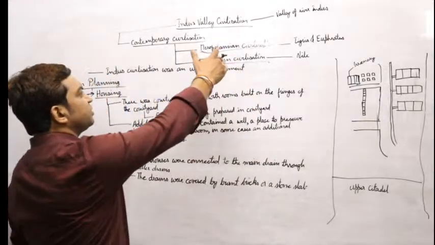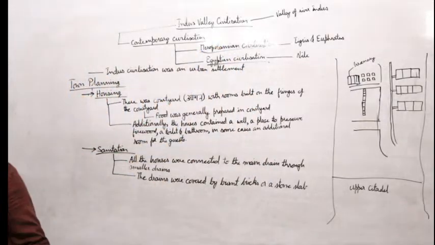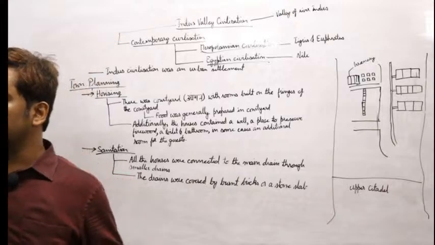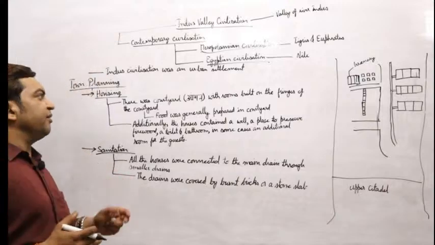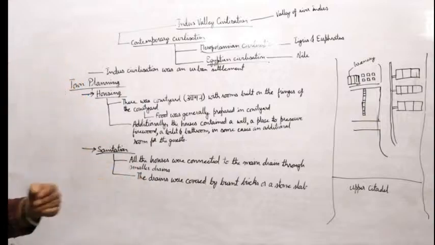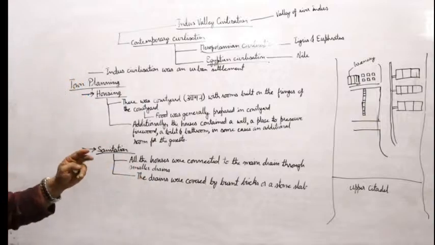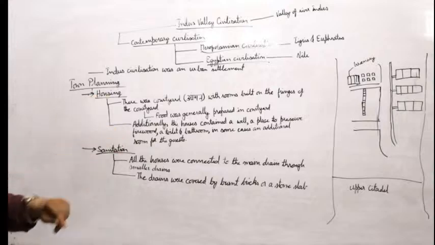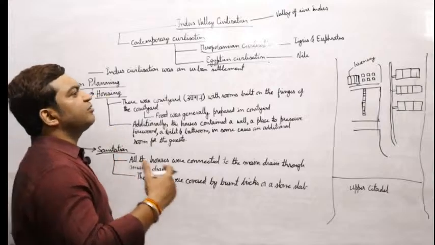In neither of the two civilizations do we find regular drains, or cases wherein houses were connected to the main drain, or even in some of the cities the main drains did not exist at all.